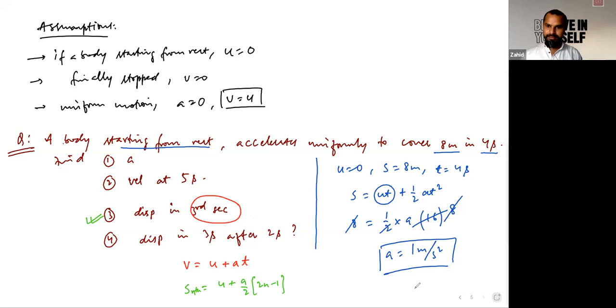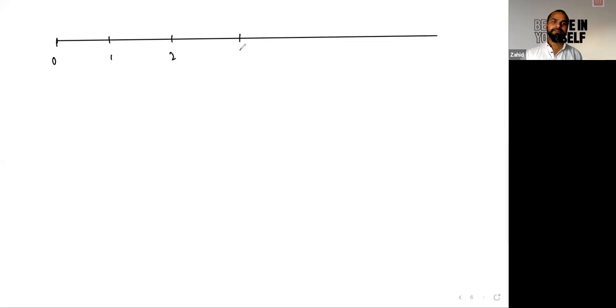So how to find the fourth one? I'm giving you some hint. That question is asking to find displacement in 3 seconds after 2 seconds. What it actually means: suppose there is a path like this, starting from 0, 1 second, 2 second, 3 second, 4 second, 5 second, and so on.